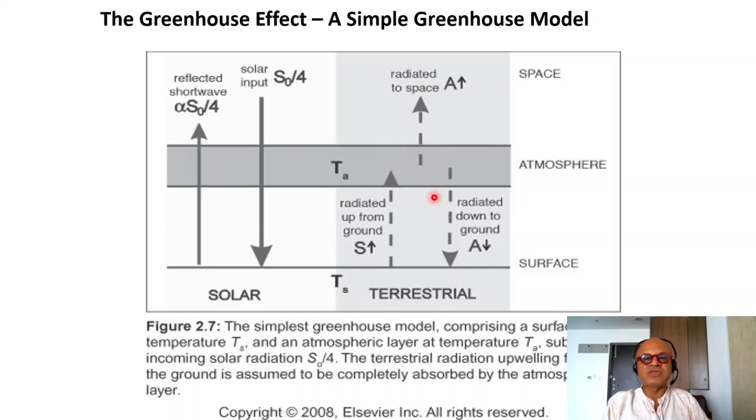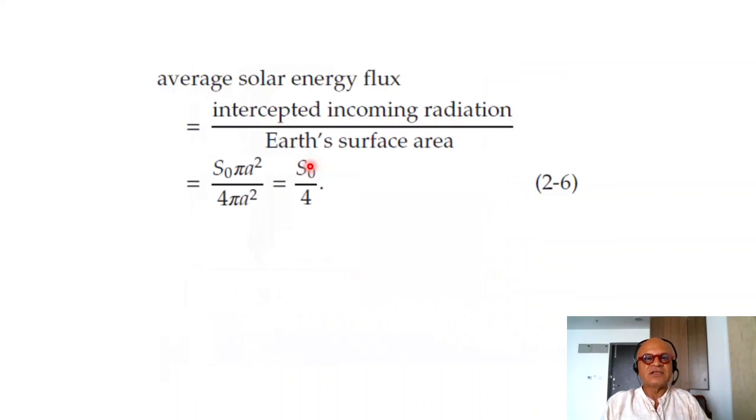Okay, so how do we do the energy balance? We just look at the net energy coming in, which has to determine the net energy that is received by the atmosphere. So let's look at the intercepted incoming radiation, which was S0 times pi a squared, and we have to divide it by the surface area, because now we have to look at each square meter instead of averaging over the whole area and balancing.